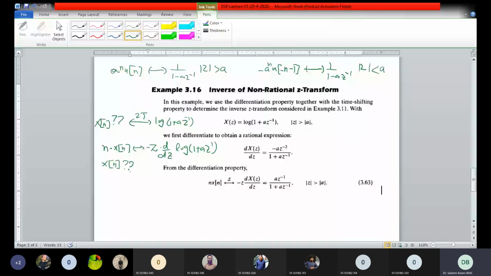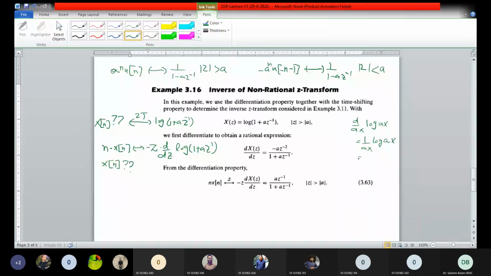Based on the same principle, in your book he first calculated this derivative of X(z) with respect to z, because we need this d by dz. So how can you calculate the derivative of a log? We know that d by dx of log of ax is equal to 1 by ax times the derivative of ax.